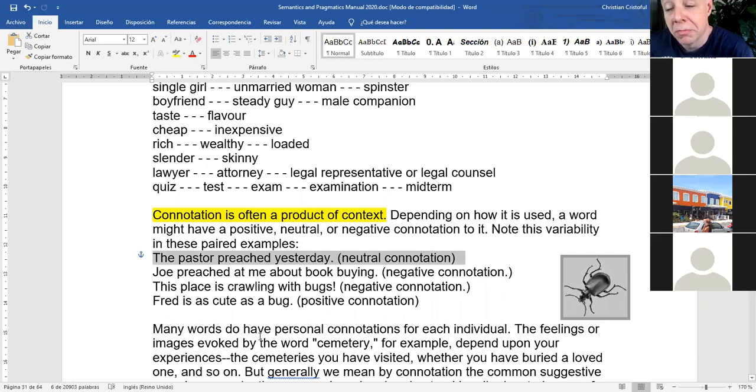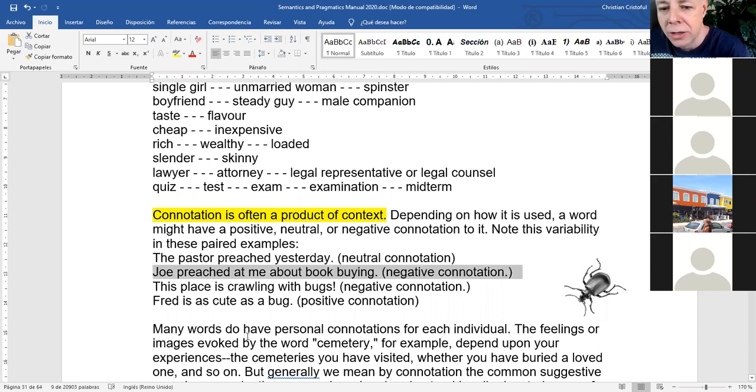The connotation is neutral because he's just doing his job. But if you change the context, Joe preached to me about book buying, it has a negative connotation because preach is sermonear in Spanish, but with a very negative connotation.